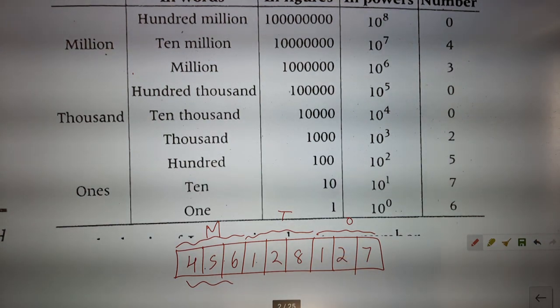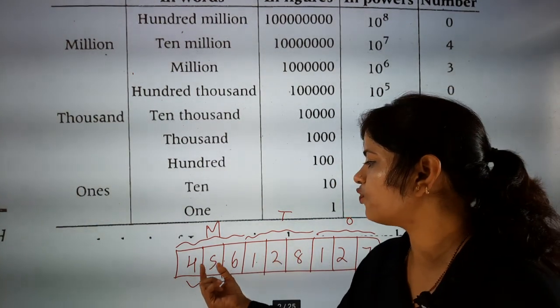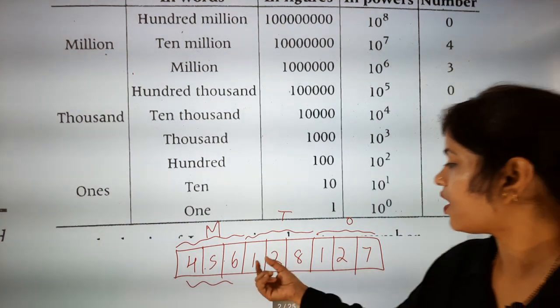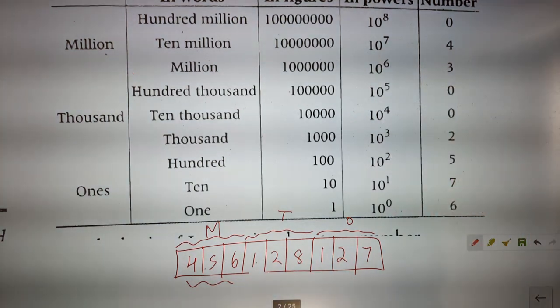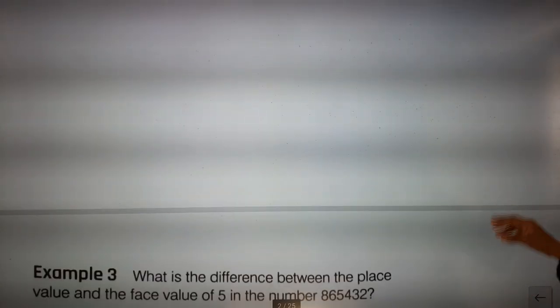So we read it like this: 456 million, 128,000 and 127. This is the way to read it out.